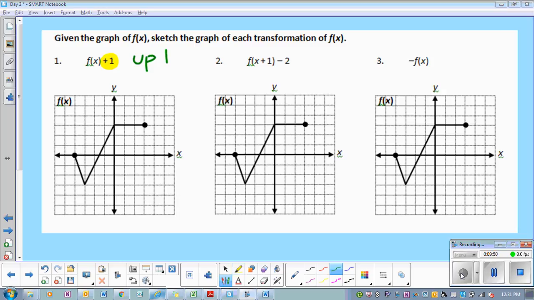Okay, so if it's up 1, what you're going to do with this graph is basically just find some nice pretty points and move everything up one. That's it. So this guy right here, move it up one, right there. And this point right down here, move it up one.